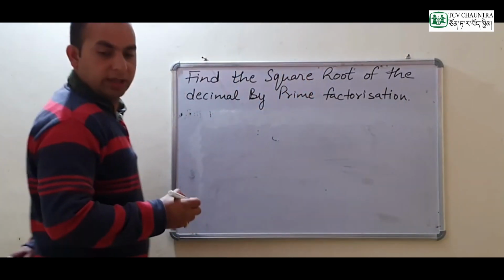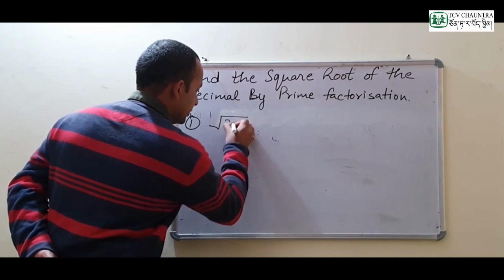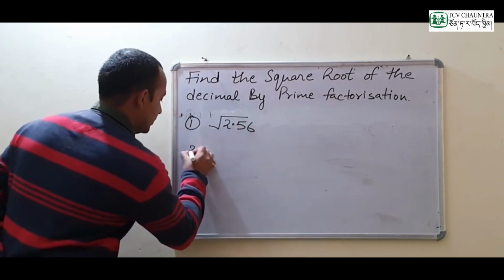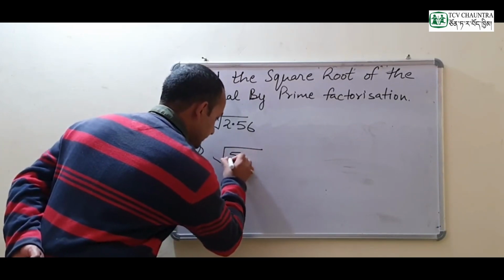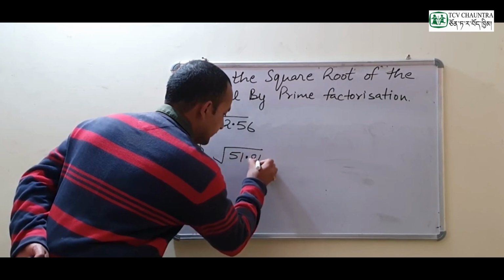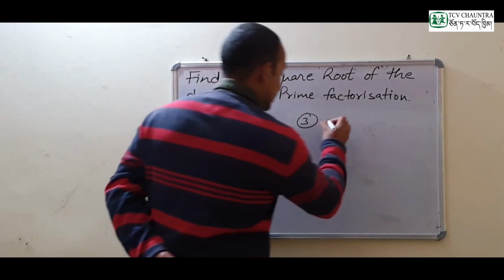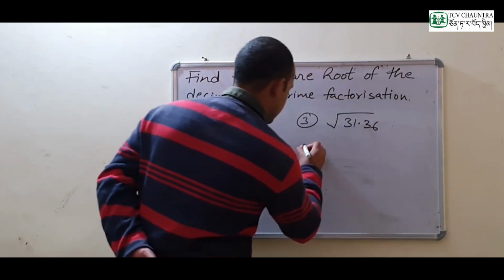Okay, first question, 2.56. Okay, second question, 51.84. Third question, 31.36.